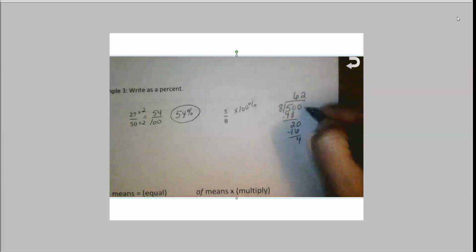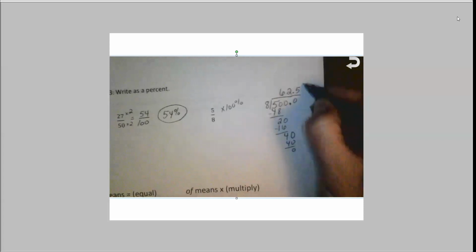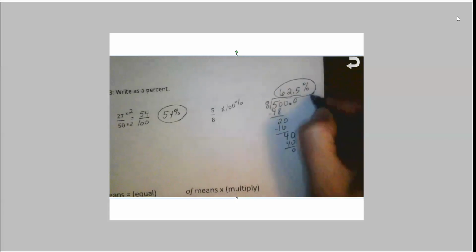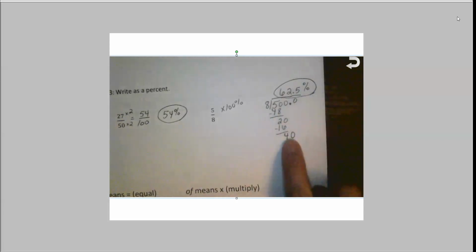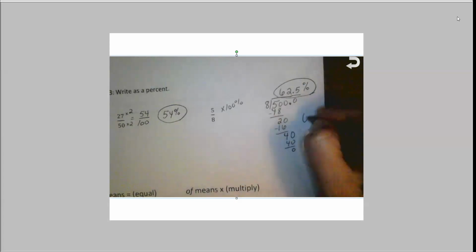I'm going to add a decimal here, and I'll bring down another 0. So that's going to be 5. So that gives me 62.5%. I could have stopped here at that 4 before I added that decimal. I could have written that as 62 4/8, which is the same as 62 1/2. So either answer is fine.